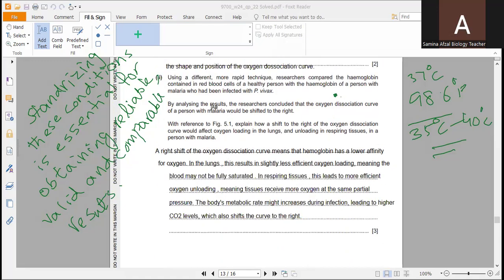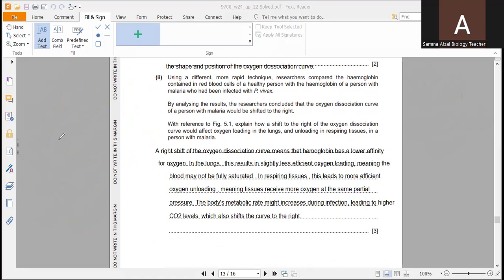using a different, more rapid technique. Researchers compared the hemoglobin contained in red blood cells of a healthy person with the hemoglobin of a person with malaria who had been infected with P. vivax. By analyzing the results, the researchers concluded that the oxygen dissociation curve of a person with malaria would be shifted to the right.